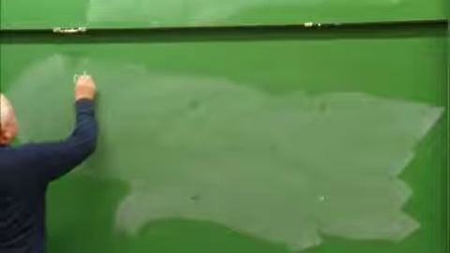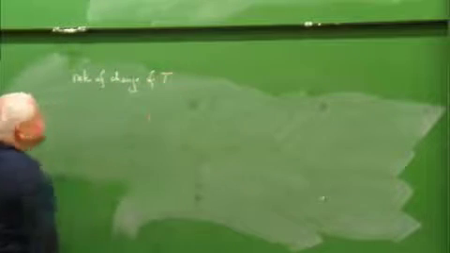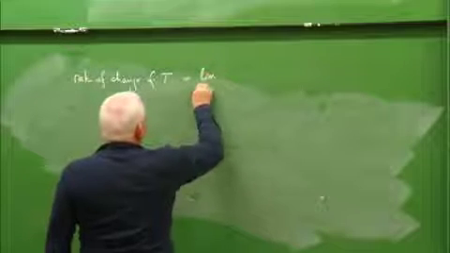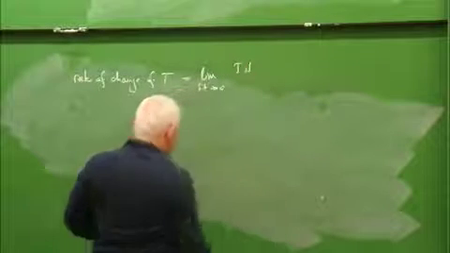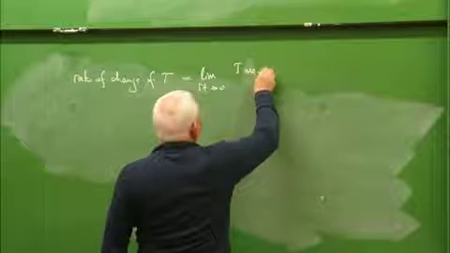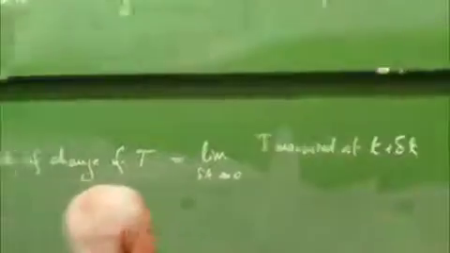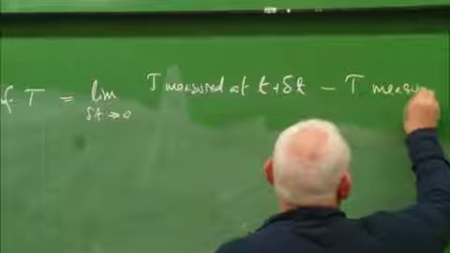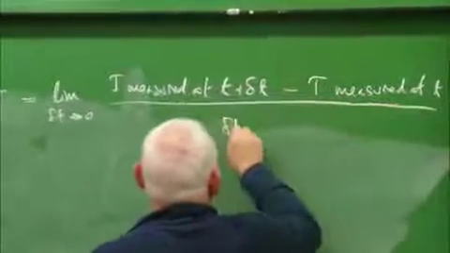So the rate of change of T, the temperature, will be the limit as delta t goes to 0 of the temperature measured at time t plus delta t, minus the temperature measured at time t, divided by delta t.